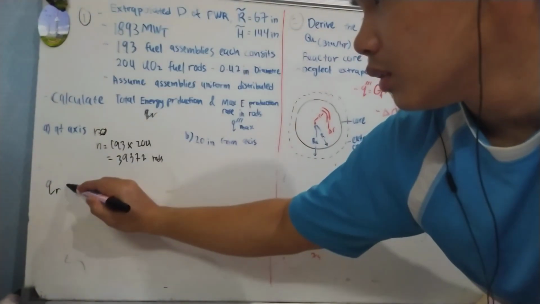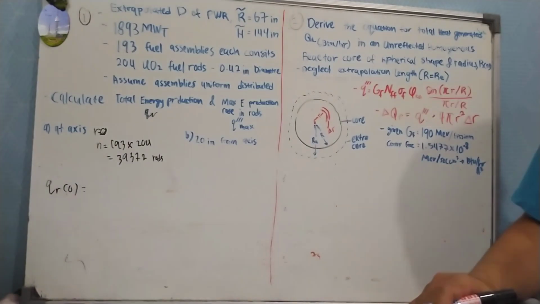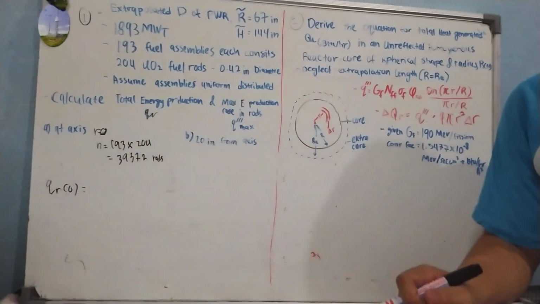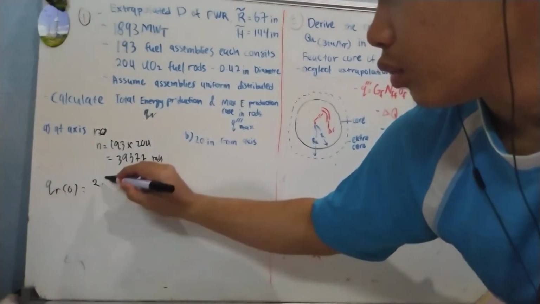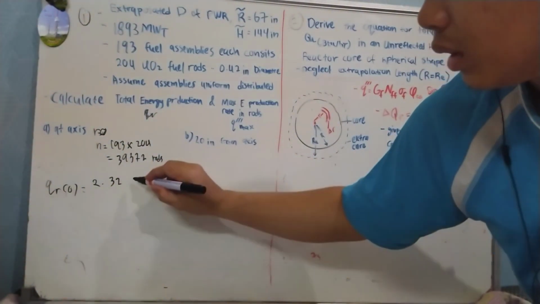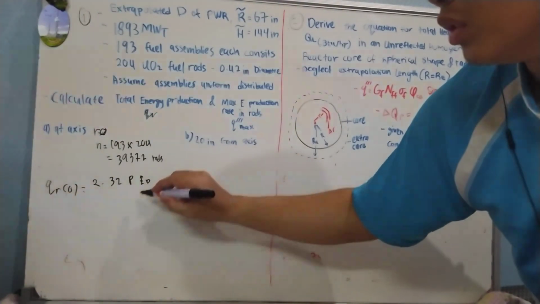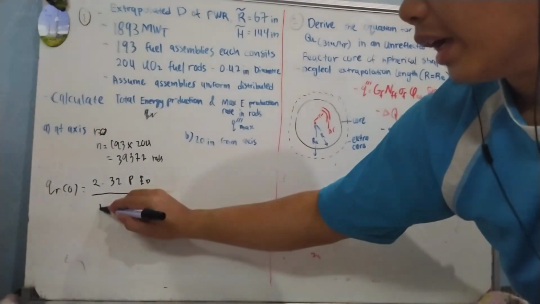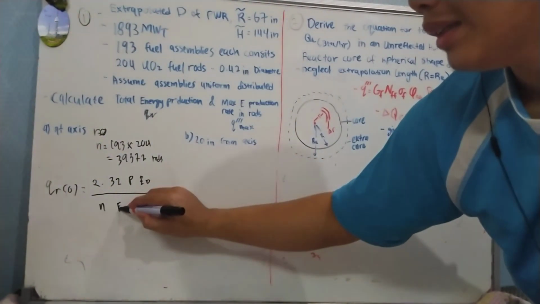So the first part is to calculate the energy QR at axis, where R is 0. The formula is 2.32 times the power times the energy deposited, divided by the number of rods times the energy released.